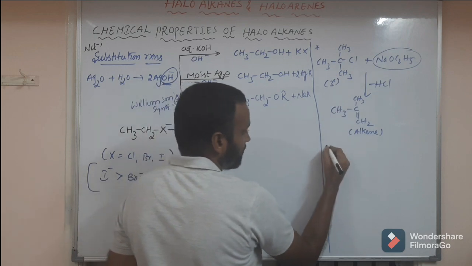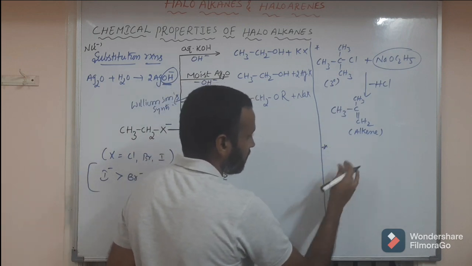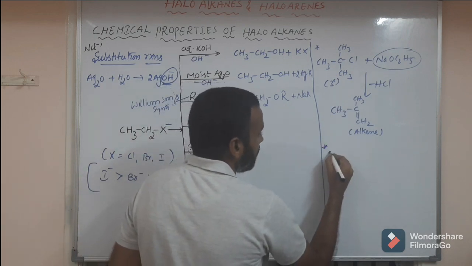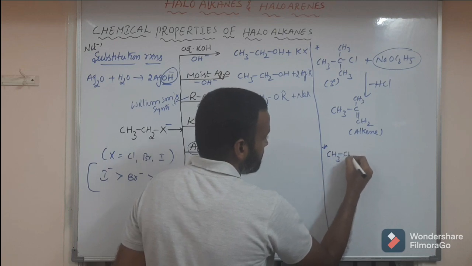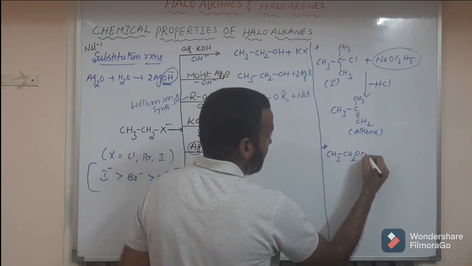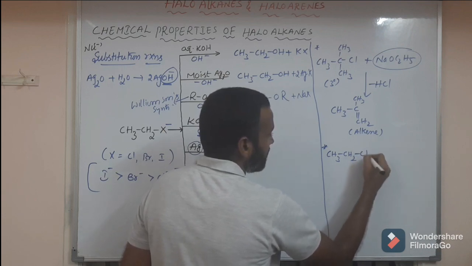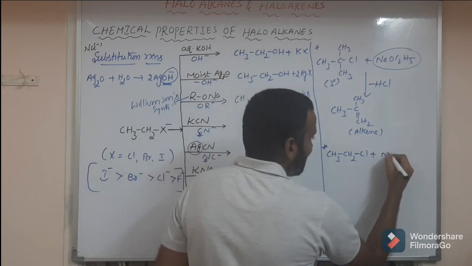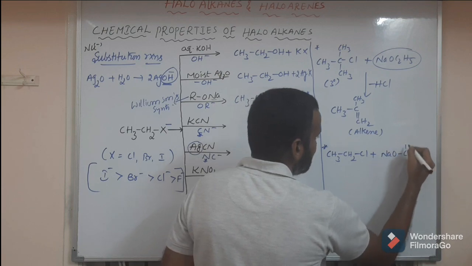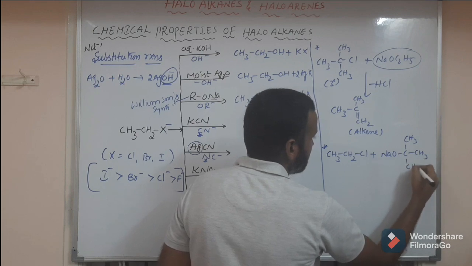So here is the most exceptional one, and I am giving you a comparison. Now suppose CH3CH2ONa, and CH3CH2Cl, then NaO with C(CH3)3.